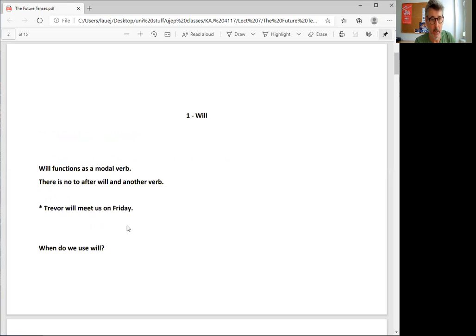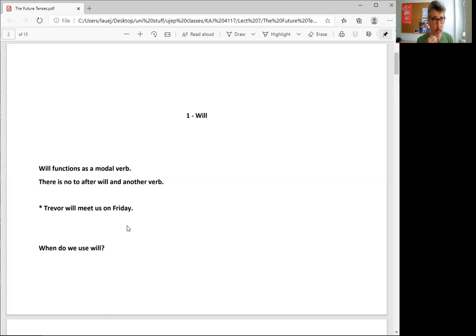So this is what we're going to focus on. We'll start with will. And will, I know most of you use, and it's quite simple. One thing to remember about will is that it functions as a modal verb. Modal verbs being verbs like would, could, should. So grammatically, it follows those grammar rules.